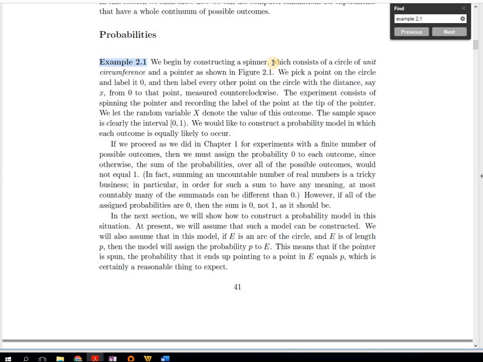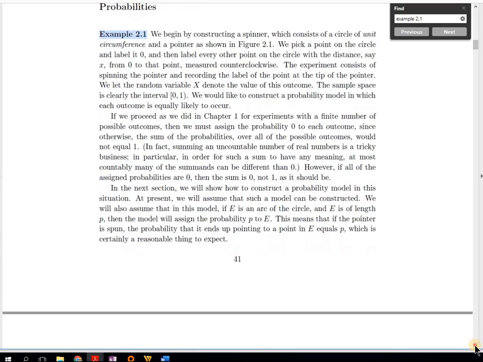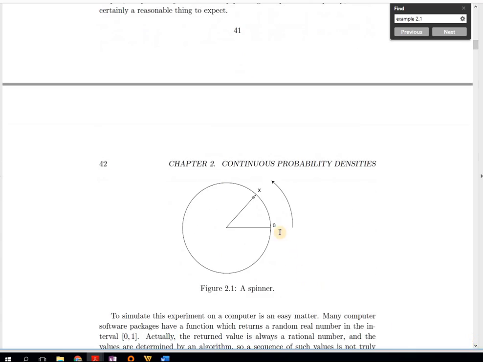You have a spinner which consists of a circle of unit circumference. So notice it doesn't say unit radius, it says unit circumference. If it's unit circumference, then I can label the points around the circumference from 0 to 1 according to the length. Now don't be confused, usually you label a circle from 0 to 2 pi, but he's saying that this circle has total length 1 and not 2 pi.